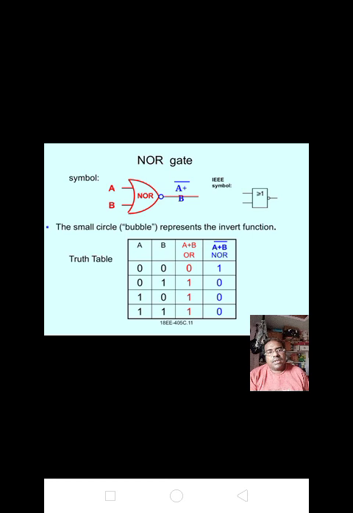That is, here we have learned the symbolic representation of NOR gate, the IEEE symbol, that the small circle bubble represents the invert function, and the truth table for NOR gate. Once again, please have a glance at it and note it down in your notebook also. Most important one, it can be given in a 1 mark question, or if you have a good fit, it can be given in 3 marks also.